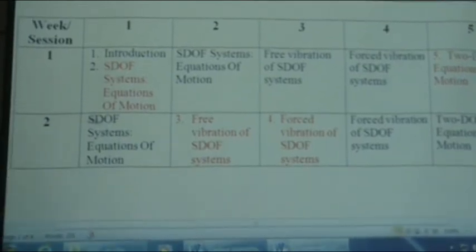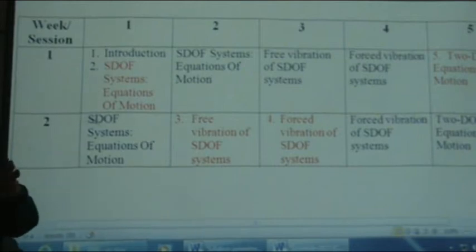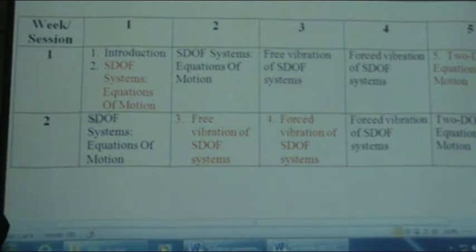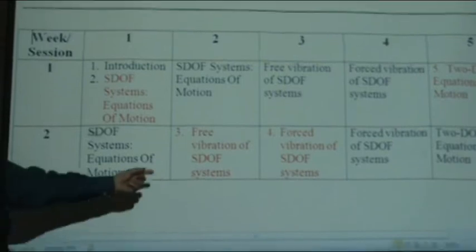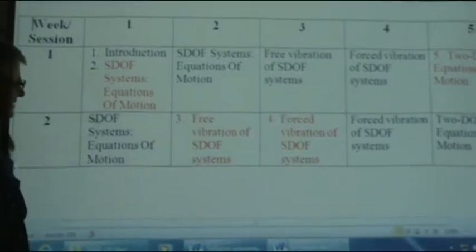Then the next topic is free vibration of single degree of freedom systems. So we'll see how a system vibrates if you displace it from the initial equilibrium and then you release it and let it vibrate. This is expected to take 2 class sessions, so 1 week.